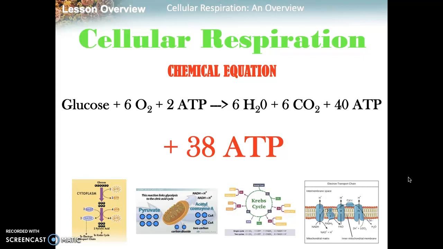Again, glucose plus 6 oxygen, with 2 ATPs, will produce 6 molecules of water, 6 carbon dioxides, and 40 ATPs, for a net gain of 38 adenosine triphosphates if everything works perfectly.